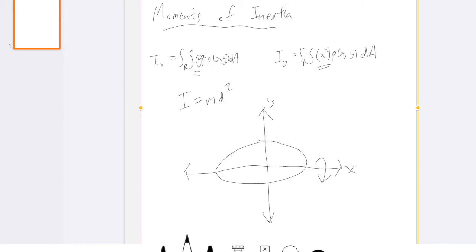And it makes sense that it's y squared because it's the distance from the x-axis. And the same thing for I sub y. It's how hard it's going to be for this to spin around the y-axis. And of course, it's going to use x distance because x is the distance from the y-axis.